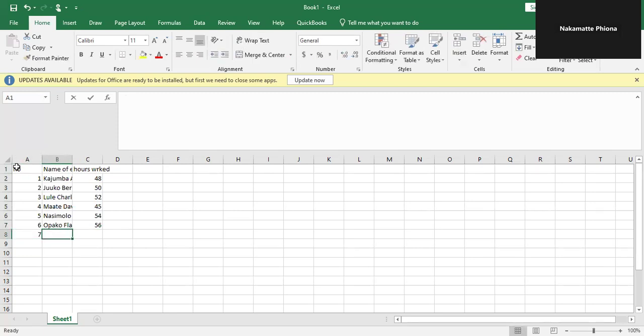Seven, Emesu Gloria worked 41. Eight, we have Bagole Hamida. Hamida worked 42.